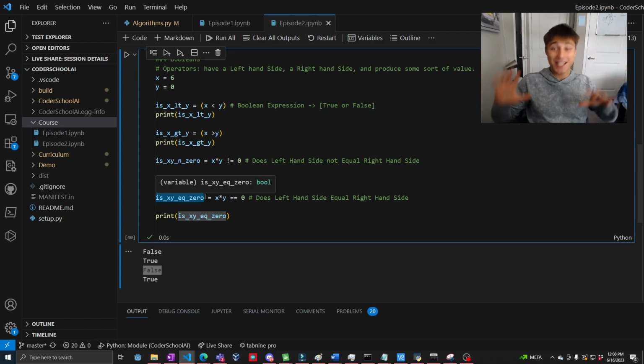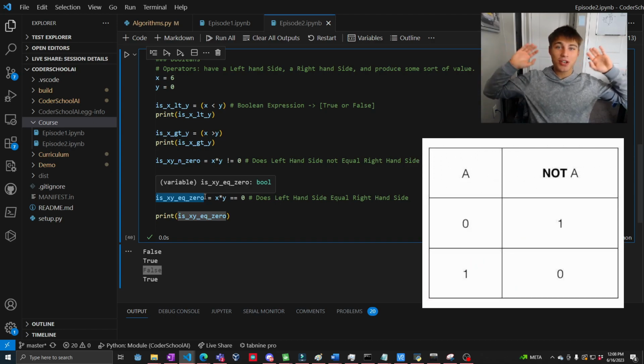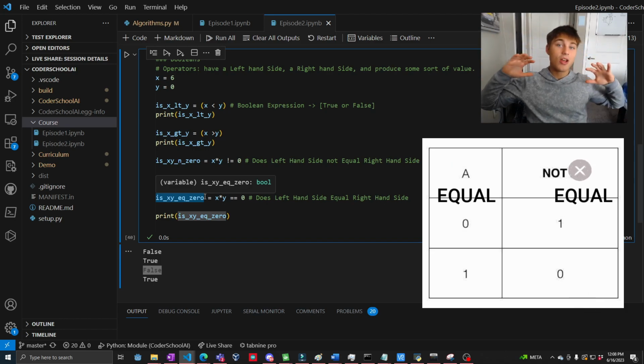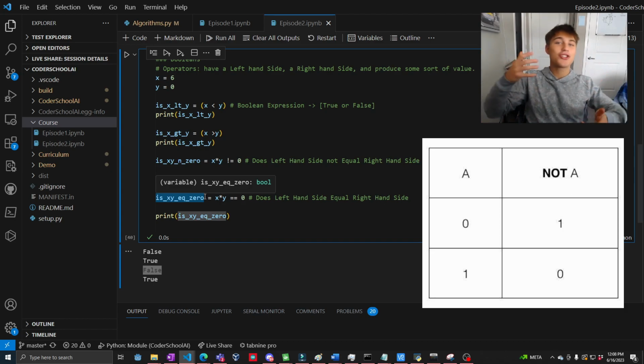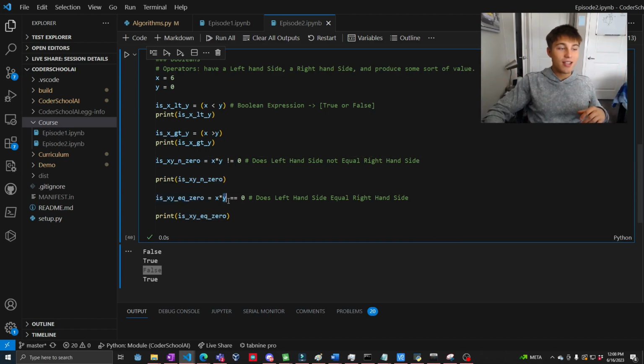If we have something that's not equal being false, then something checking if they're equal to each other, if one of them's false, the other one should always have the opposite value, right? You could see that if one of them isn't equal, the other one should be equal, right? Because these are checking the same idea, right? This is checking the opposite of this, right? Because something can only be true or something can only be false, right?